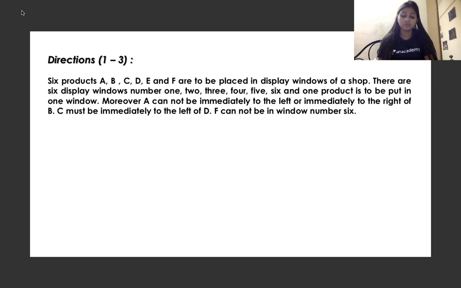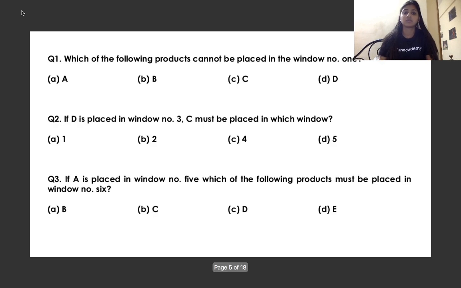Solve the problem. Okay, these are the 3 questions you need to answer.